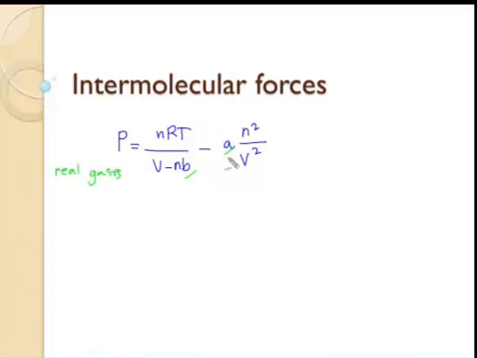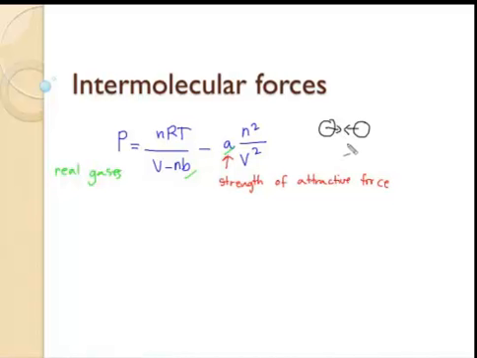Now this constant a here describes the strength of the attractive force that exists between two particles in a gas. When two particles of gas are at a certain distance, they tend to attract one another.